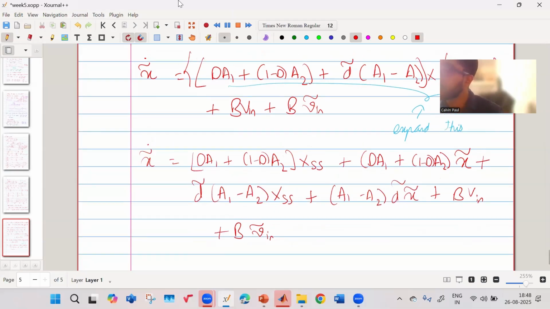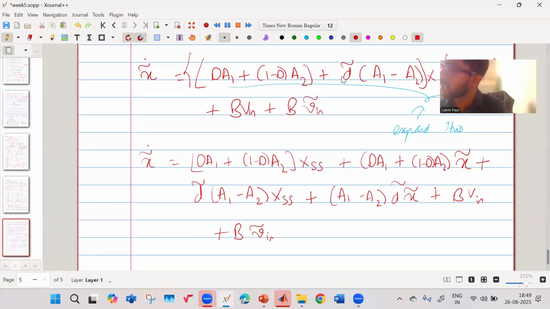Now, which quantity do you think we should neglect? Product of d perturb and x tilde. Yes.